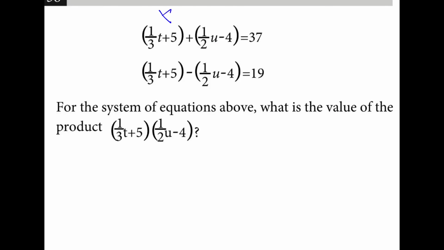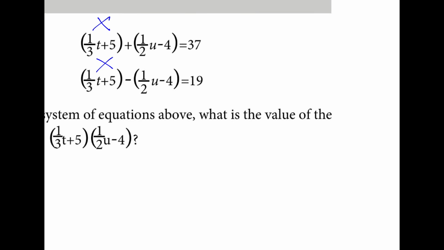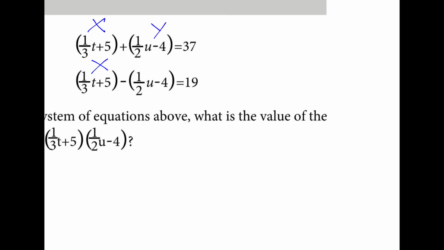So for this one, I'm going to consider this whole part of the parentheses, 1/3 times (t plus 5), as a value x. And this whole thing, 1/2 u minus 4, as a y. So I have x plus y is equal to 37. I have x minus y is equal to 19. If I added all three straight down, I get that 2x is equal to 56.